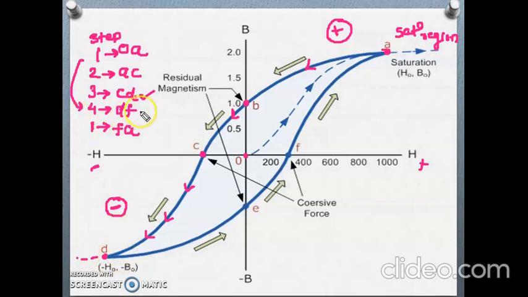The fourth step is to decrease the current in the negative direction.